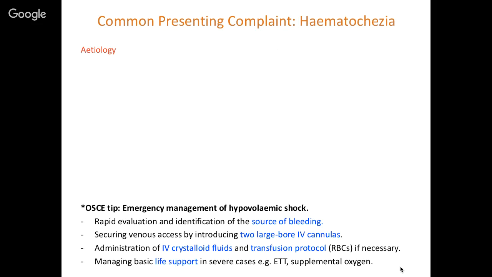Okay, in terms of etiology, let's hear some causes of Haematochezia. Just shout them out. I've got 10 main ones. Yes, colorectal cancer, good. Yep, a brisk upper GI bleed. Yep, inflammatory bowel disease, good. A few more.